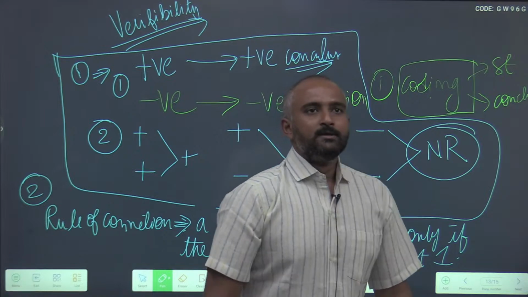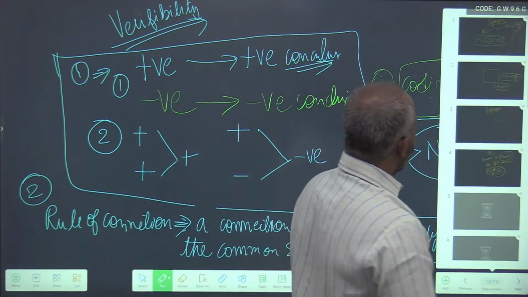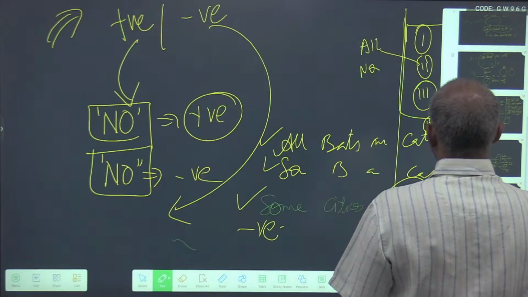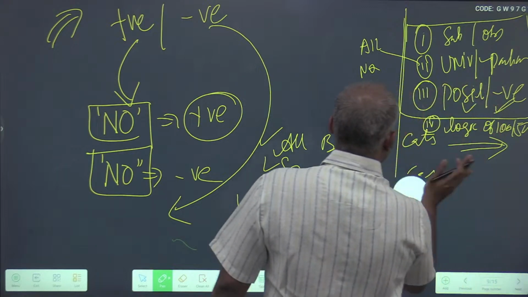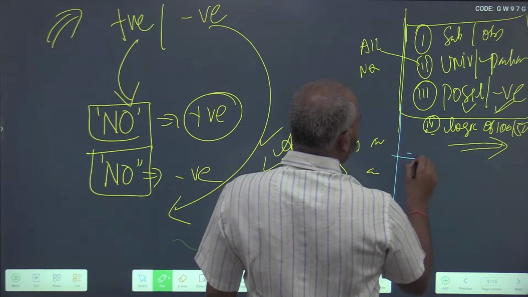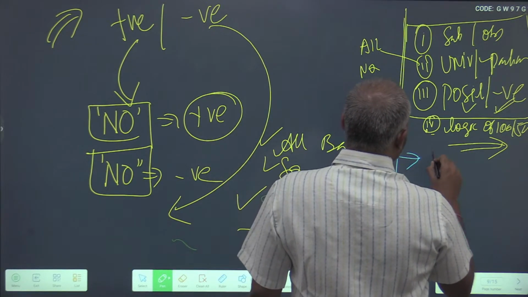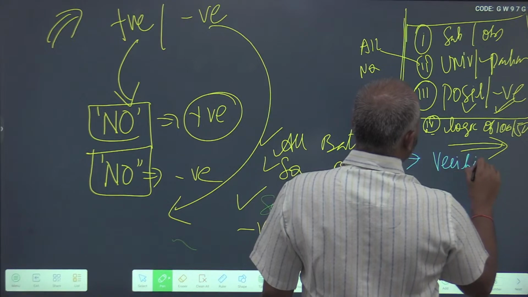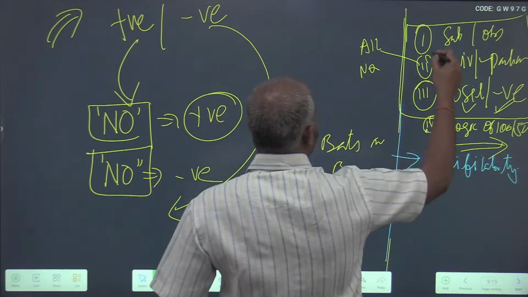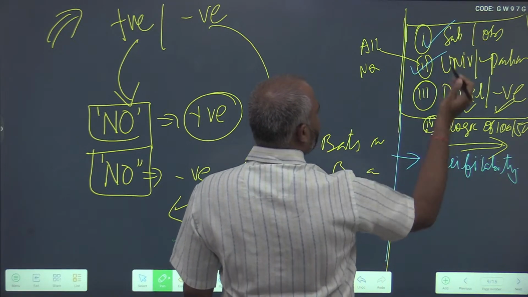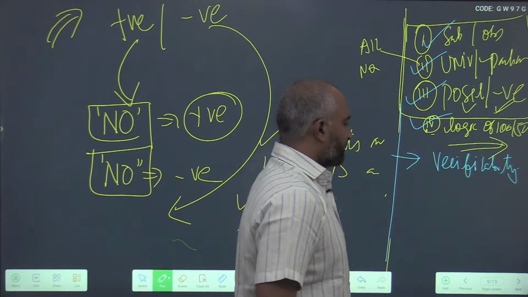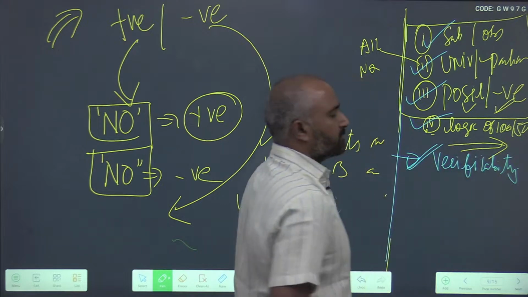Any doubts till now? So this is the basic framework: first subject and object, universal and particular, positive and negative, next the logic of 100 or 50, and next verifiability.